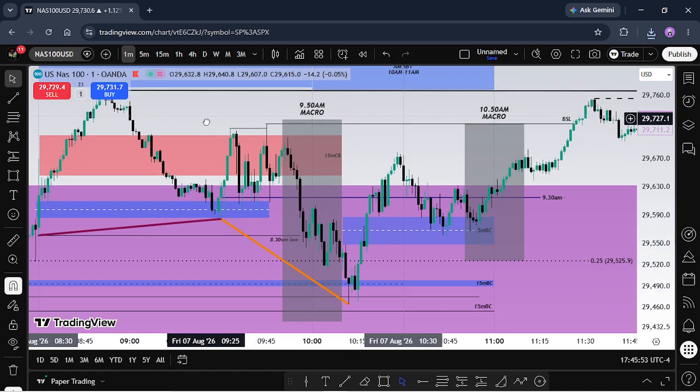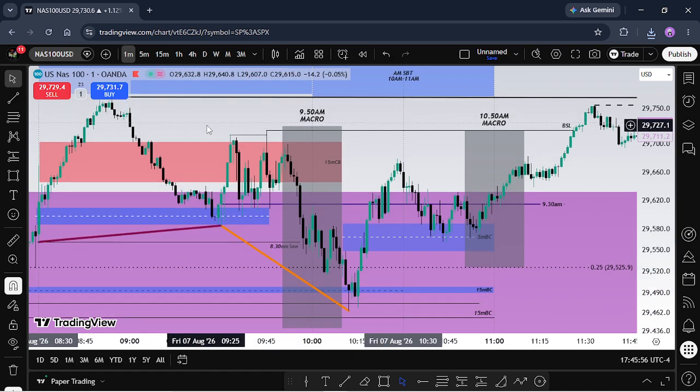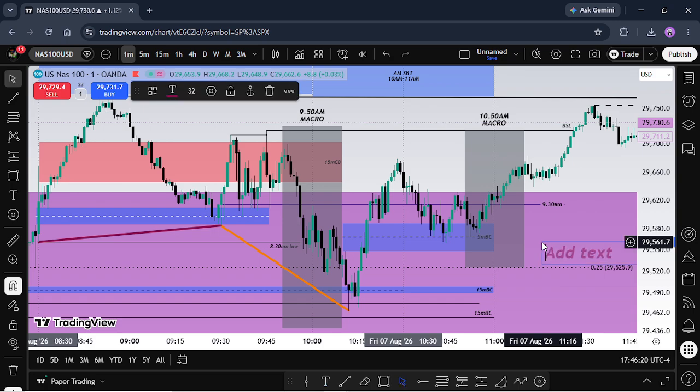So, okay. Before 9:30, Nasdaq was the strongest. That's what we can clearly see. Before 9:30, let me write it down, right? This is what I've analyzed so far.